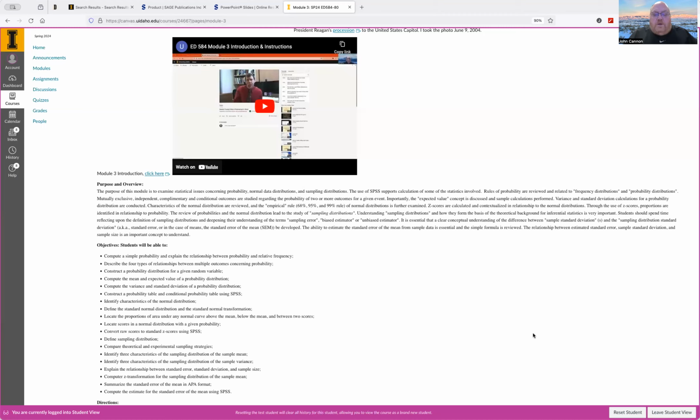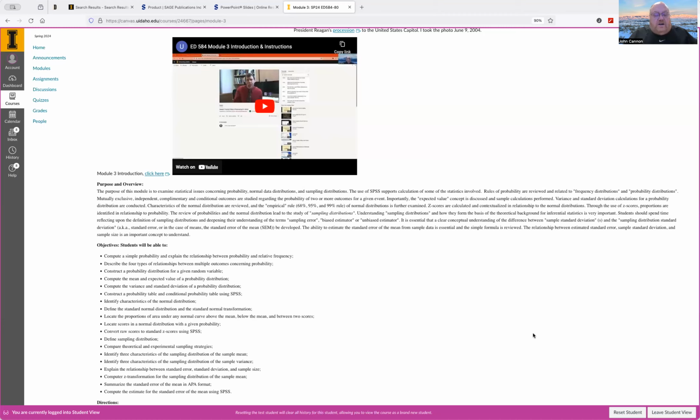The review of probabilities and the normal distribution lead to the study of sampling distributions. Understanding sampling distributions and how they form the basis of the theoretical background for inferential statistics is very important. Students should spend time reflecting upon the definition of sampling distributions and deepening their understanding of the term sampling error, biased estimator, or unbiased estimator.